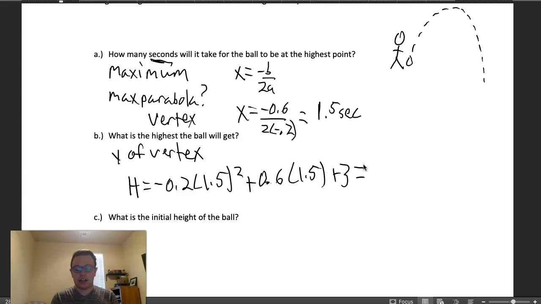And we throw that into our calculators. That tells us the highest height we will reach is going to be 3.45 feet.